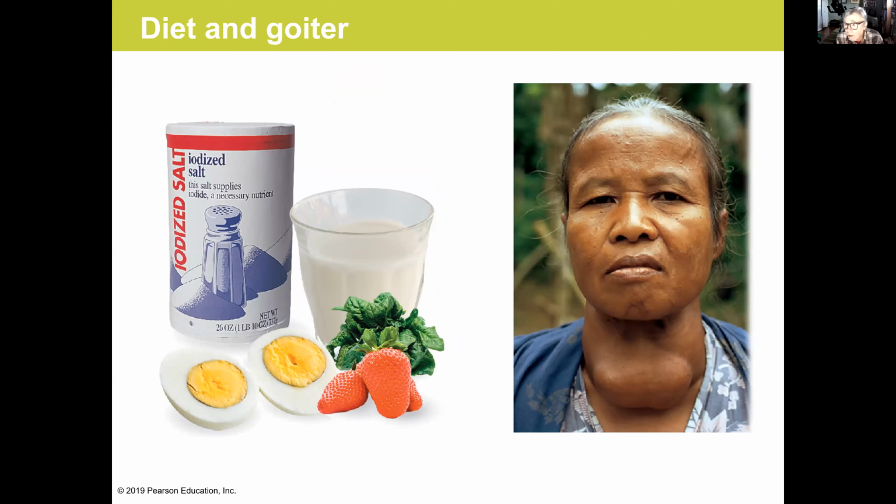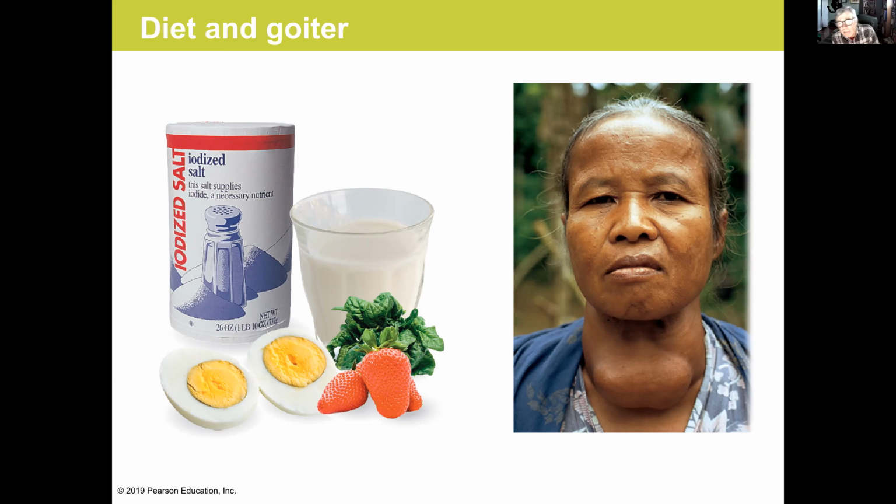This is an idea of why you do need some of these trace elements, because a lack causes very dangerous conditions. This is iodine. We need iodine to make thyroid hormone, which is made by the thyroid gland, right here. If we don't get enough iodine, our thyroid will blow up into a big lump, as this woman has.